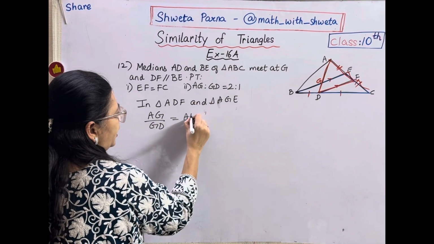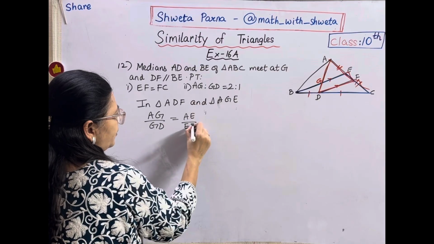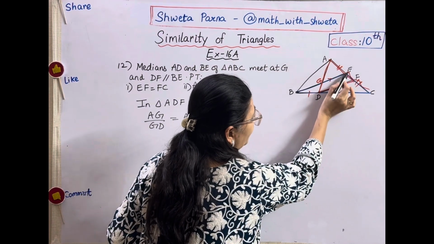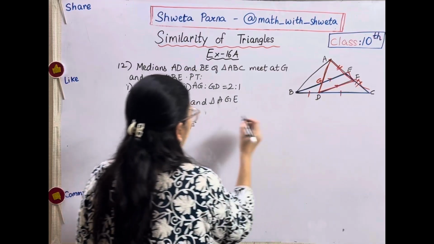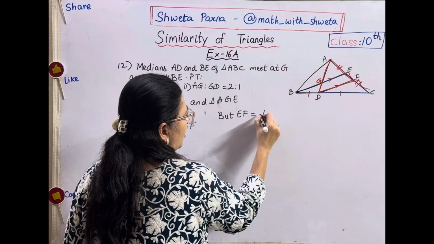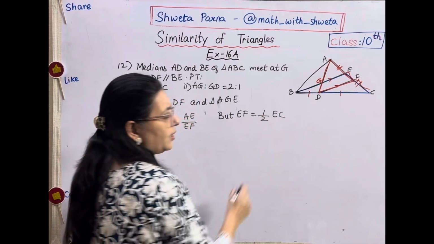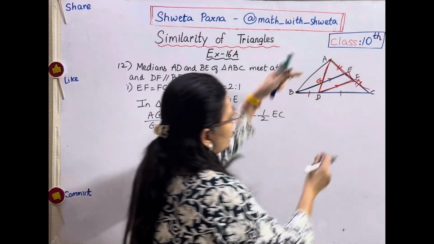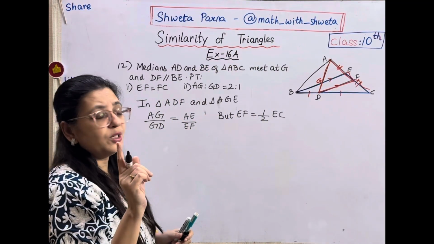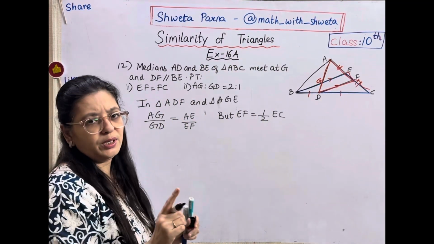is equal to AE upon EF. Okay, but what is EF? EF is half of EC, correct? Because this side is equal to this side. Don't go by the figure in geometry. You have to prove it, then only it's correct.